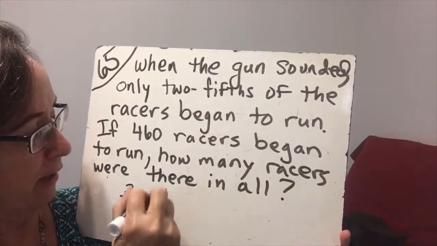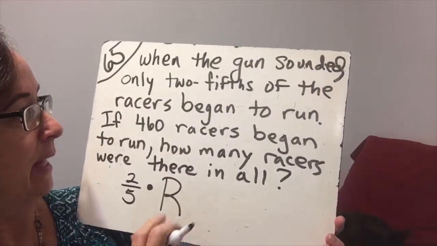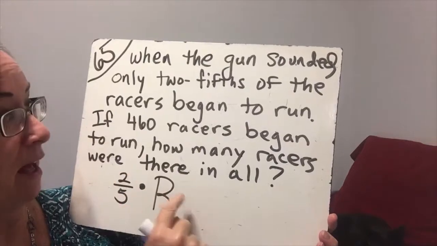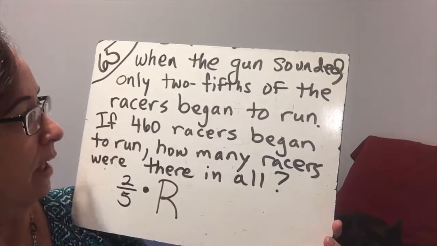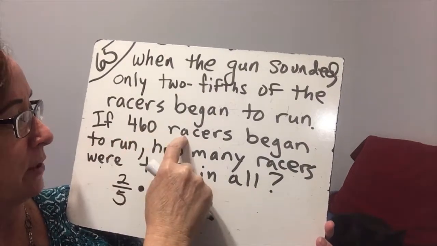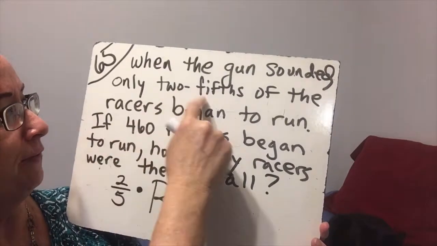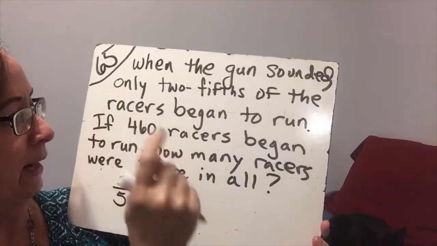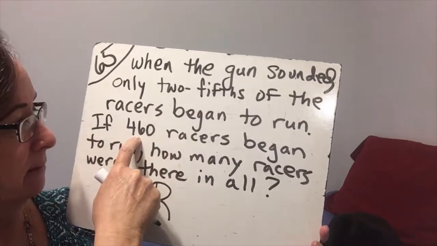So we're going to let R be the total number of racers, okay? And 2/5 of all the racers began to run. Now, the 460 racers began to run. So couldn't I say that 2/5 of all the racers equaled 460?